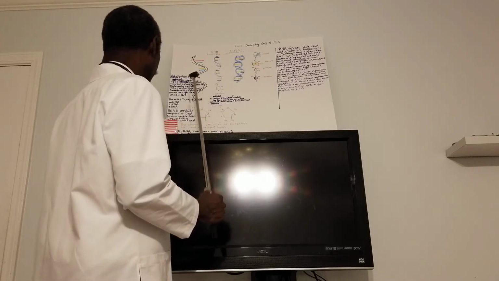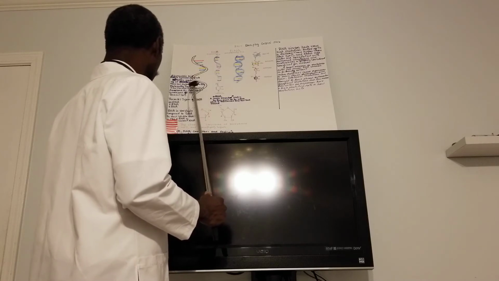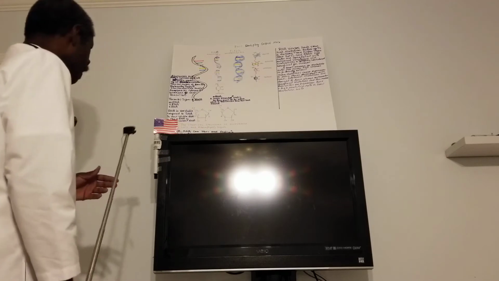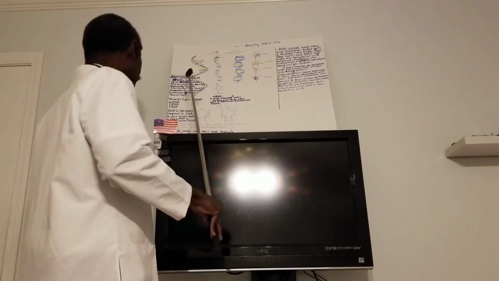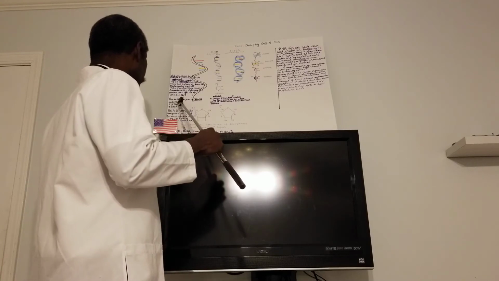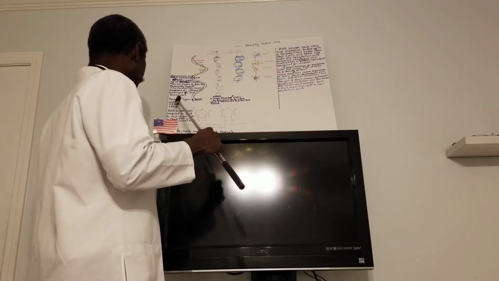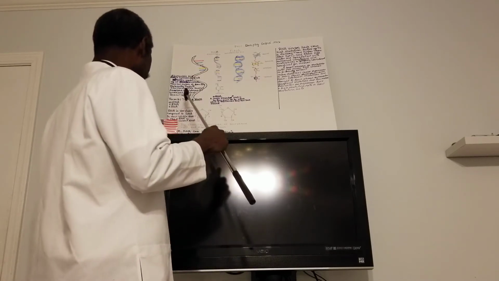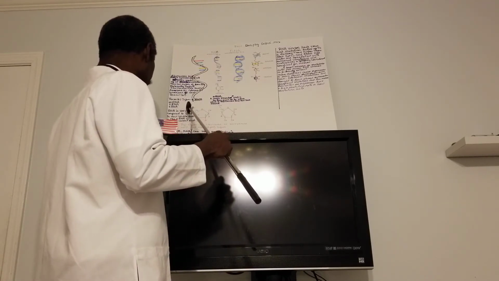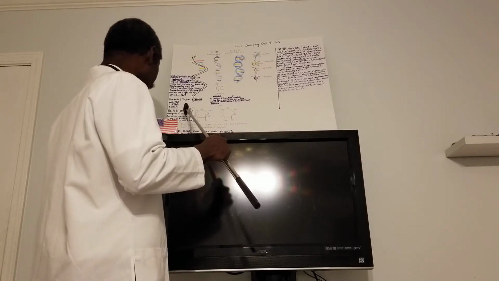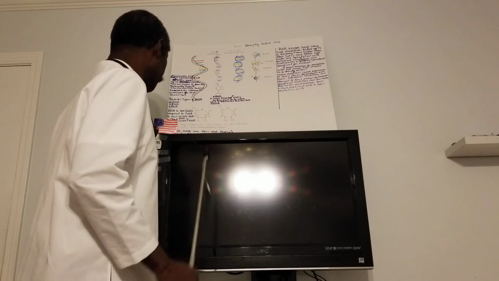And your bases are adenine, cytosine, guanine, and uracil, as we have said. And the 3 types of RNA are the mRNA, the messenger RNA, the tRNA, transfer RNA, and the rRNA, which is ribosomal RNA. RNA is unstable compared to DNA, and the most stable RNA is the rRNA, which is ribosomal RNA.